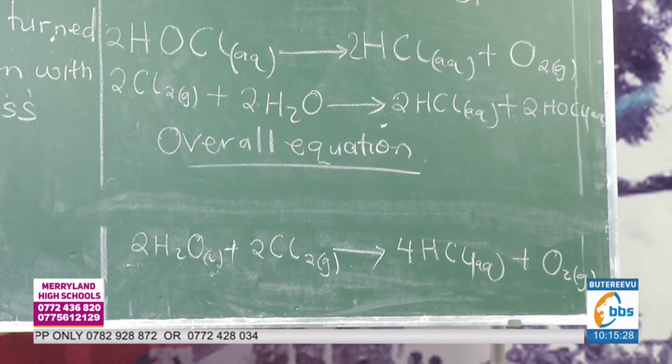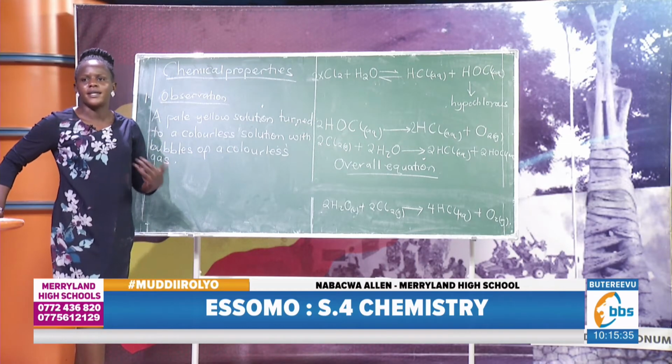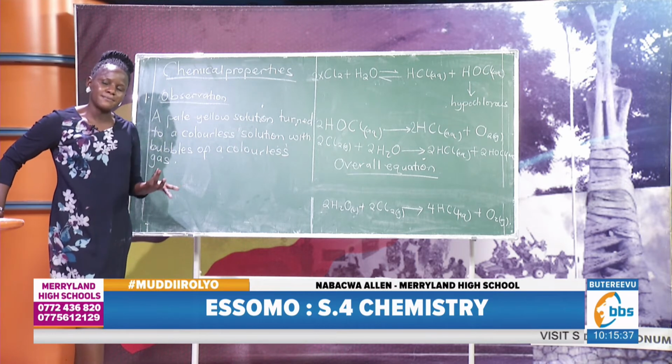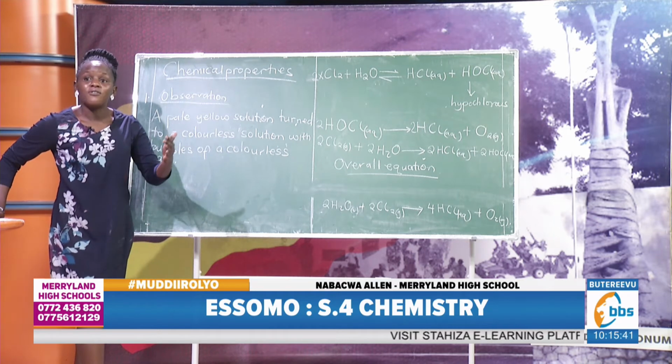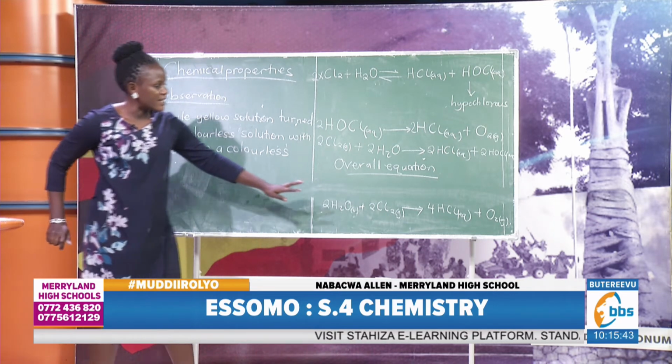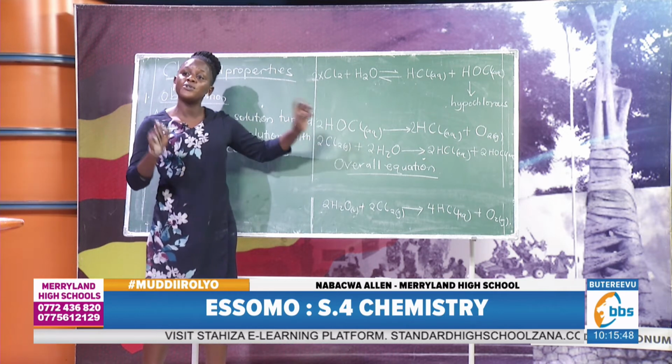That is our overall. If the question had come: a test tube containing chlorine water was exposed to sunlight. Part A, state what was observed. Part B, explain your observation. Part C, write an overall equation. This is what the examiner wanted. When you write these 2 equations, they will not mark you.